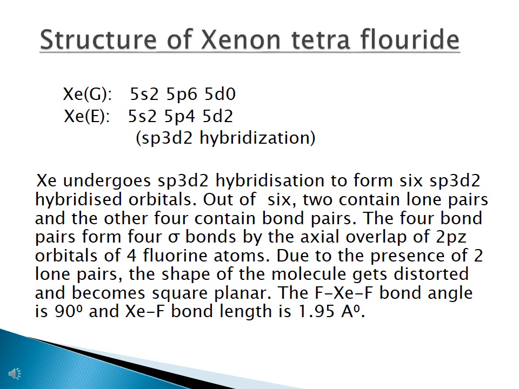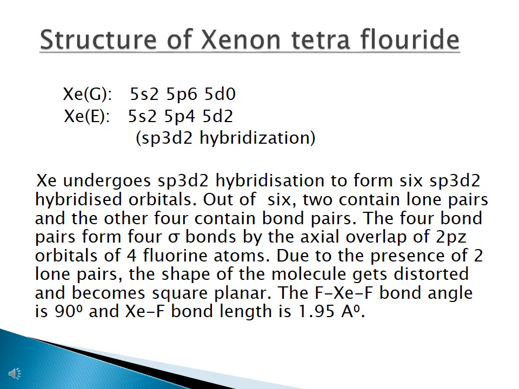In this case, xenon atom undergoes sp3d2 hybridization to form 6 sp3d2 hybridized orbitals. Out of the 6, 2 contain lone pairs and the other 4 contain bond pairs.